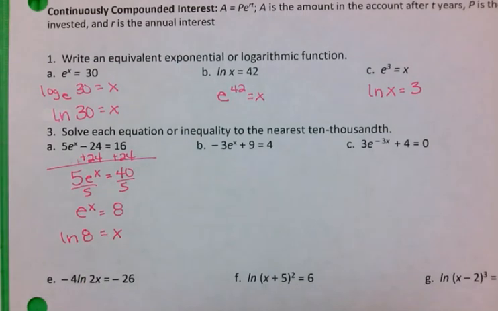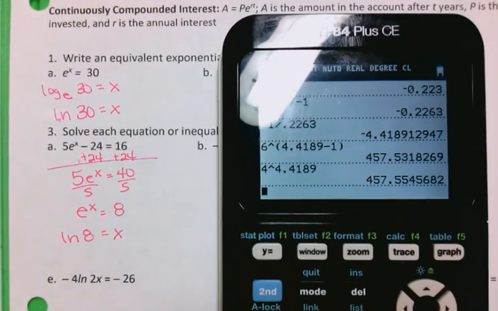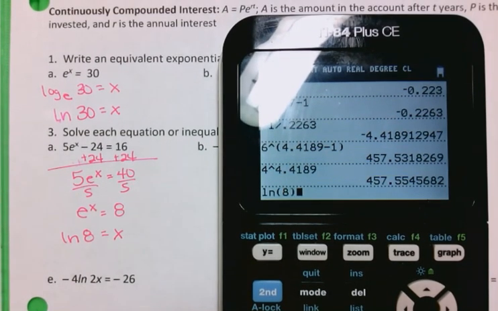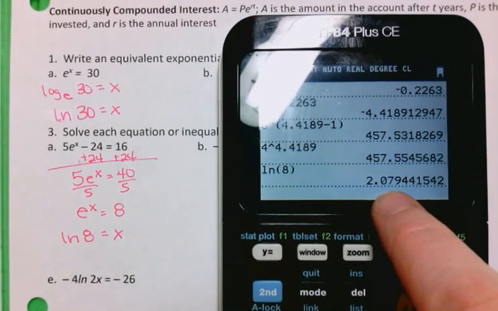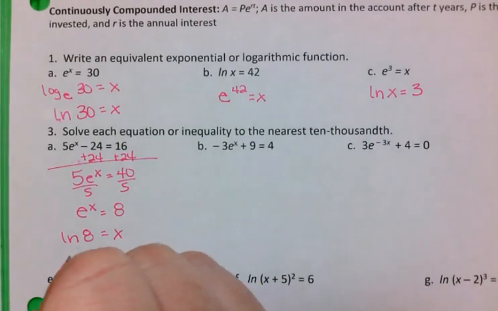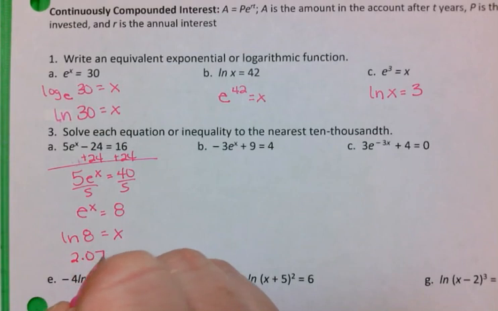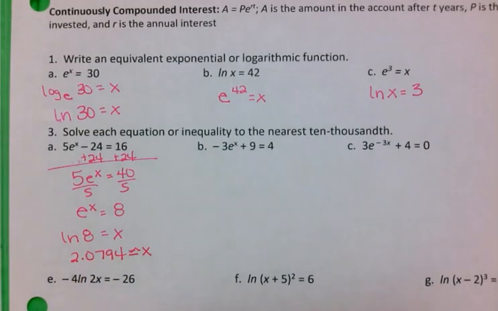And then in my calculator, I'm going to hit the ln button of 8. Ten thousandths is 4 decimal places. So 4 decimal places is 2.0794 approximately x.